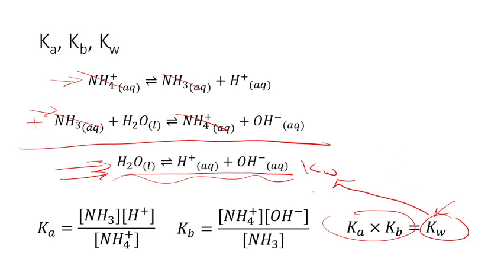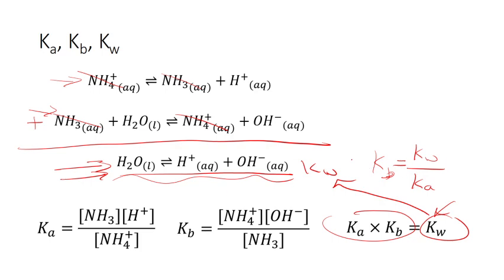This also means that if we are given, let's say, a Kb for a reaction, but we want to put it in terms of pH and not in terms of pOH, we can figure out Ka, because we could say Kw divided by Ka equals Kb.